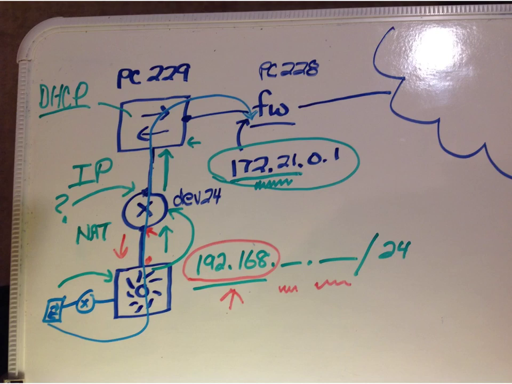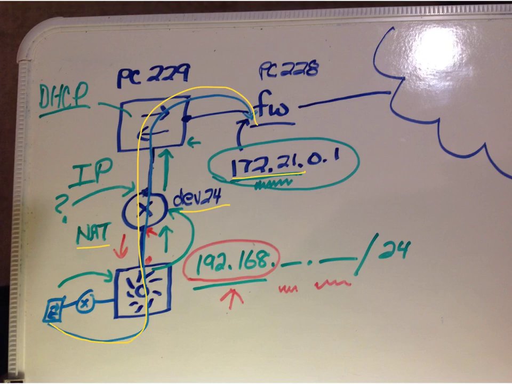Finally, let's finish up here. We showed that from your switch you should be able to ping all the way to our network here. Now when you look inside device 24, there's network address translation.